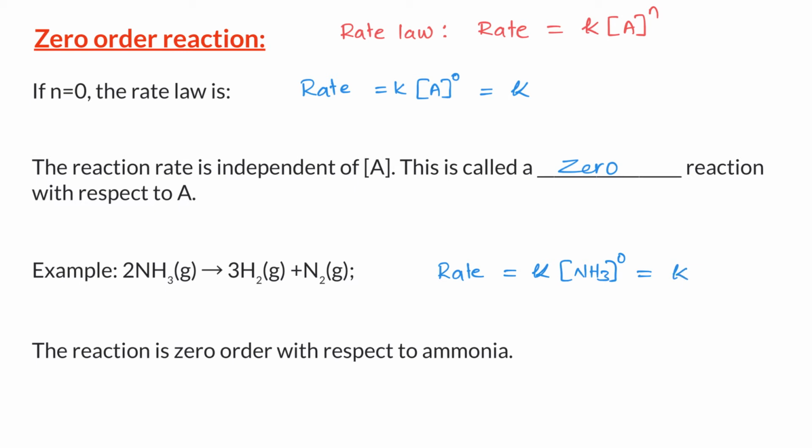The reaction is called zero order with respect to ammonia. That is, the rate of the reaction does not depend on the concentration of ammonia. For example, if we increase the concentration of ammonia by 2 times, the rate does not change at all. This is one way to determine if a reaction is zero order or not.